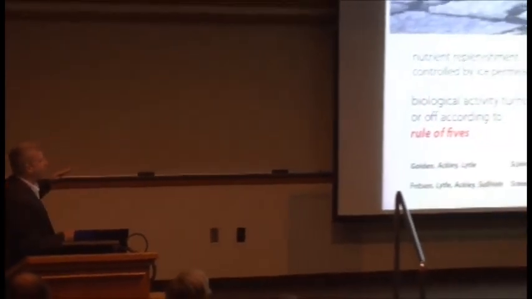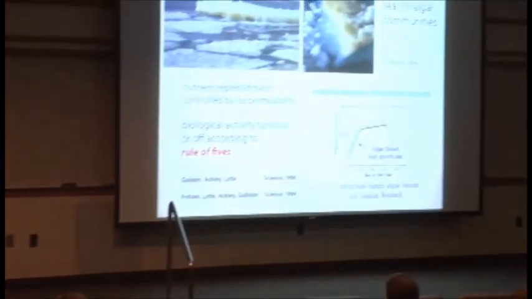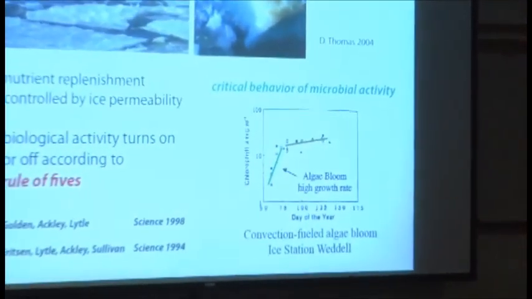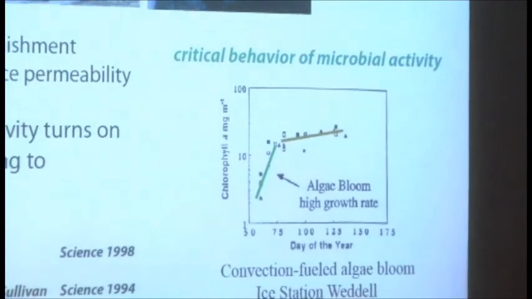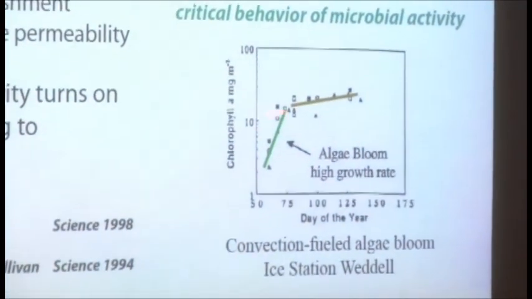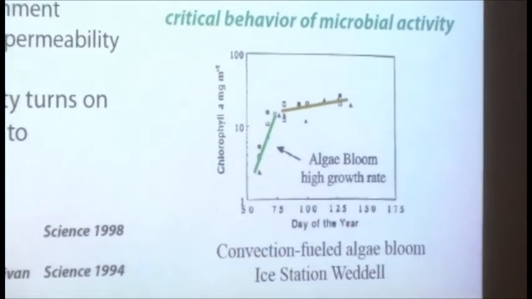Biological activity turns on or off according to my rule of fives. This is a very dramatic demonstration, showing an algal bloom in the fall with convection-induced nutrient replenishment processes, and then all of a sudden it cuts off. That was essentially when the temperature of the layer the algae were living in got below that critical temperature, and they were then living from that point on in impermeable sea ice.